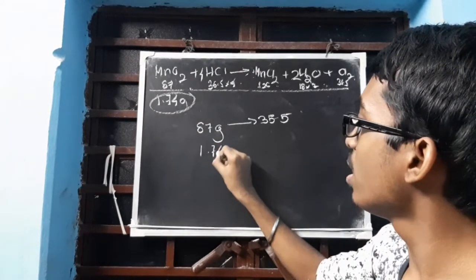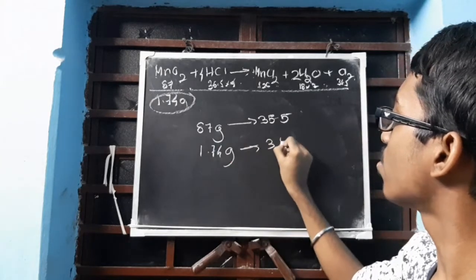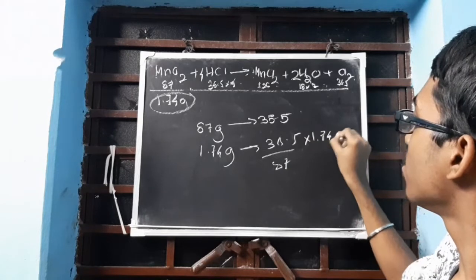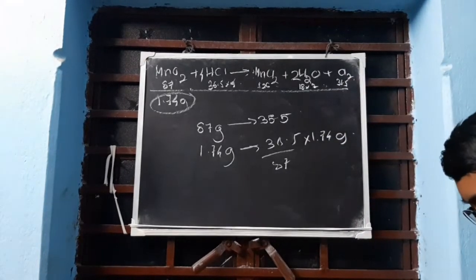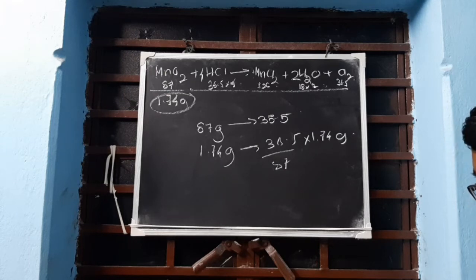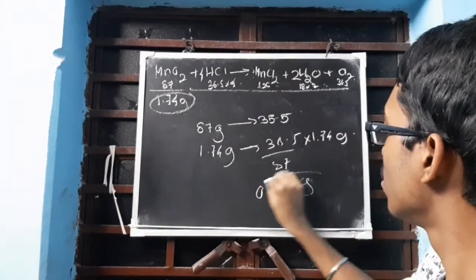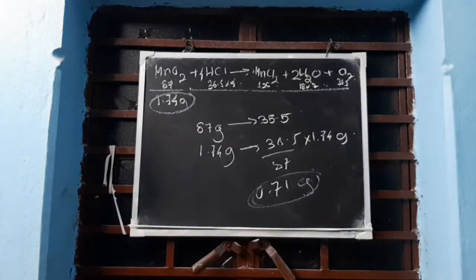Here 1.74 gram is giving you 35.5 by 87 into 1.74 gram of chlorine gas, correct? What is the value coming to? Let's check it out. 0.71.